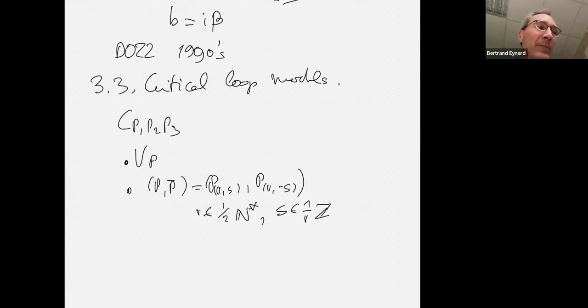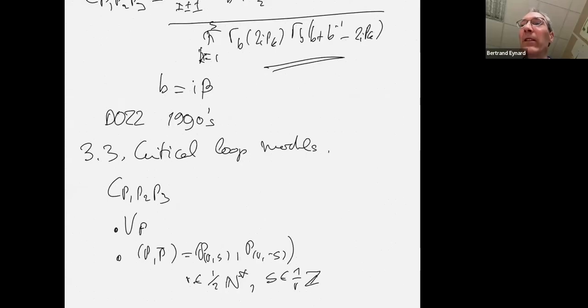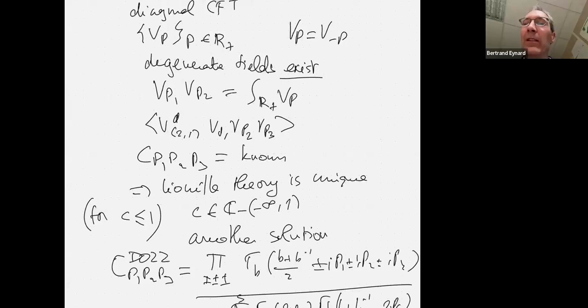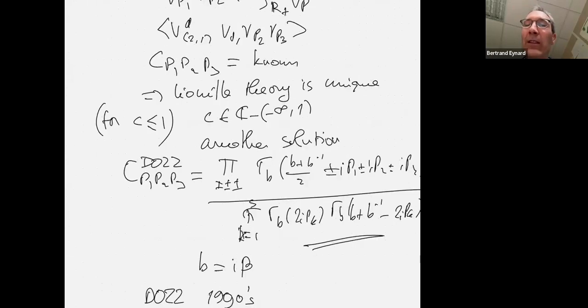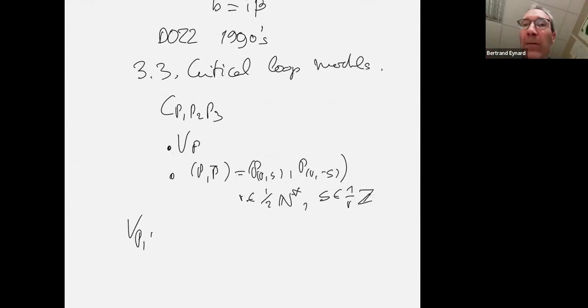directly related. And in fact, in critical loop models, the OPEs are very different from what you have in Liouville theory. So in Liouville theory, as I showed above, your OPE of two fields, VP1 times VP2, was an integral over fields VP. But in critical loop models, the OPE VP1 times VP2 is not an integral, it's just a discrete sum. Which discrete sum?